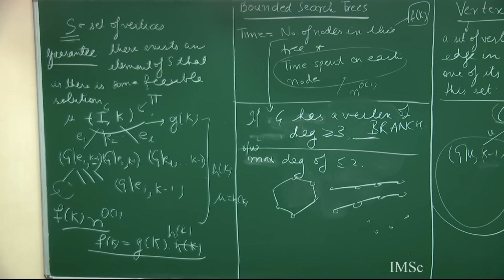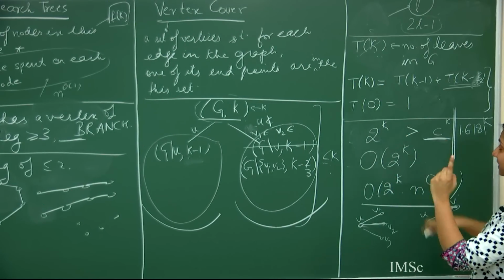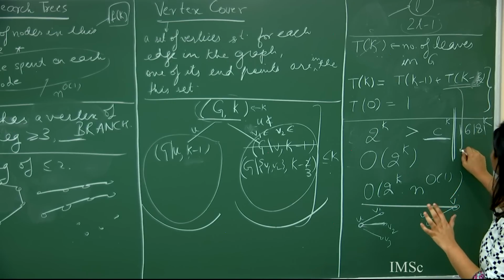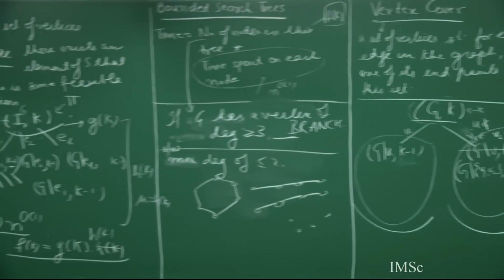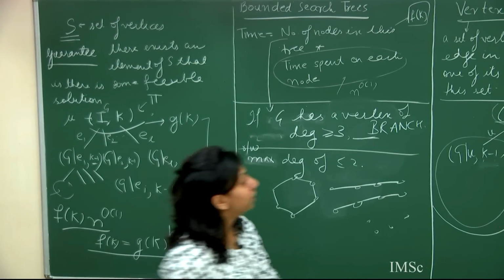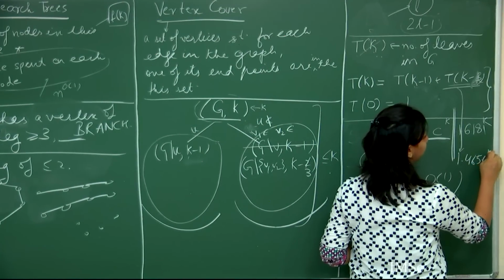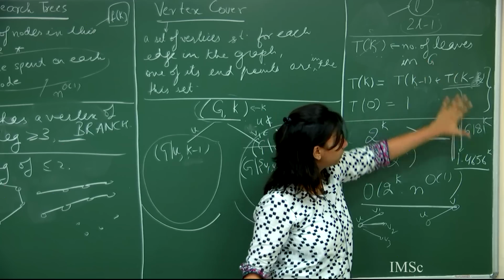When k is 0, the number of leaves is 1. And this solves to 1.4656 to the power k. Again, if you solve this recurrence, it will solve to this.